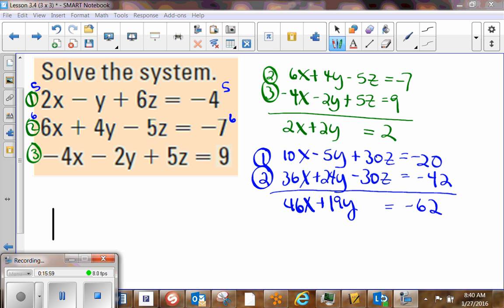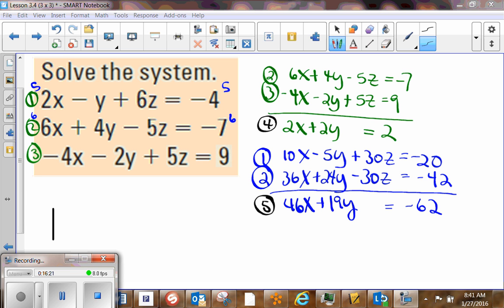All right. So now I've come up with, I'm going to call this one number 4 and this one number 5. Right now, 4 and 5 only have x's and y's in them. So I'm going to put 4 and 5 together. But while I do, I'm going to make one of those cancel.